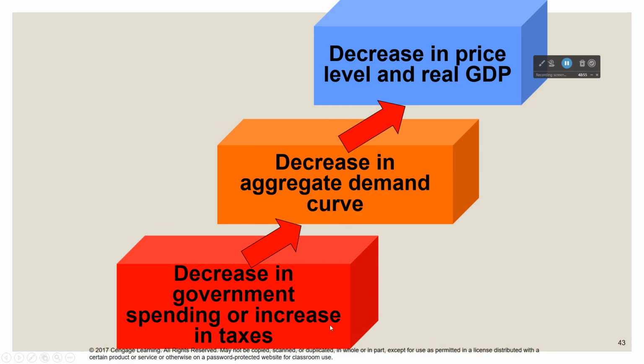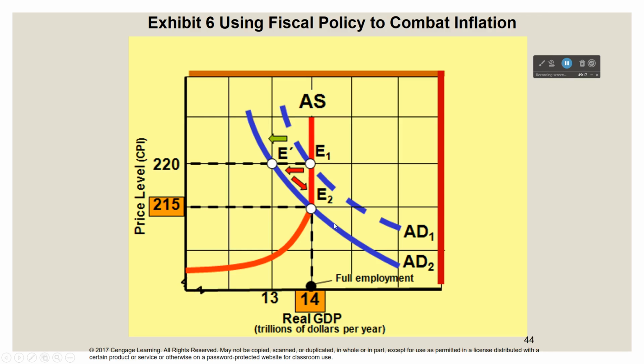We've got price inflation. Well, in the Keynesian type model, the answer is to cut government spending or increase taxes for fiscal policy. That will decrease this aggregate demand curve and cause a decrease in the price level and real GDP. So here, we're on the classical region.